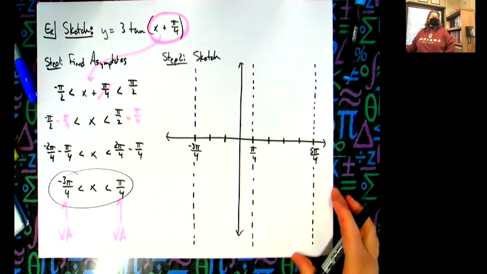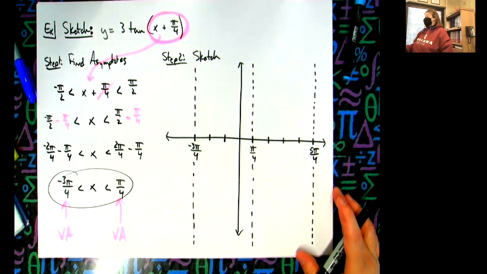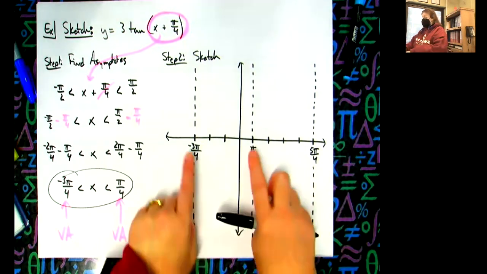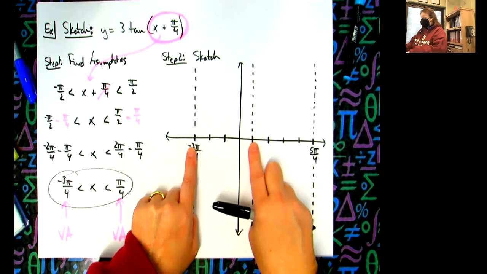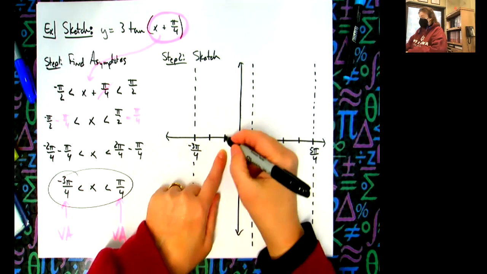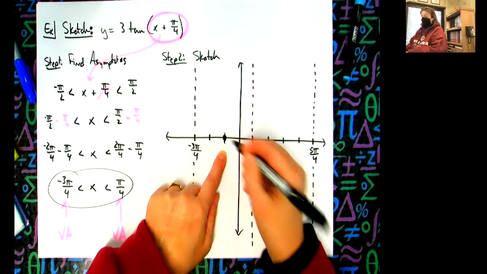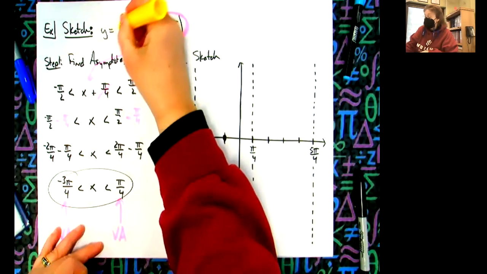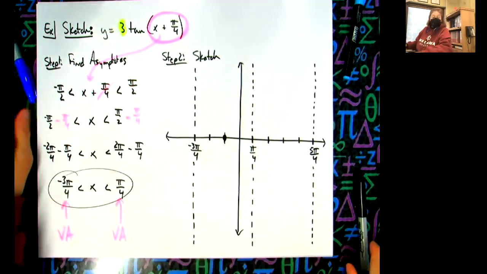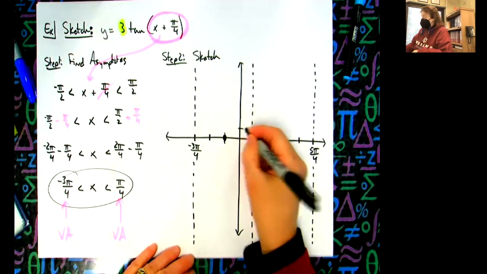So clearly the period on these are a little bit wider. Now again, I want to find the center of my first period, which is going to be right there. My amplitude on this one is going to be 3.